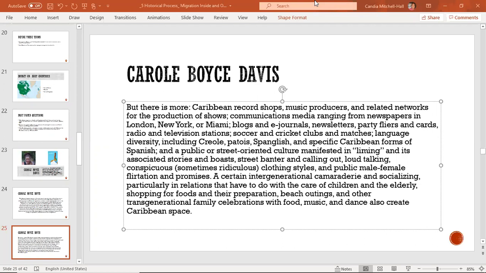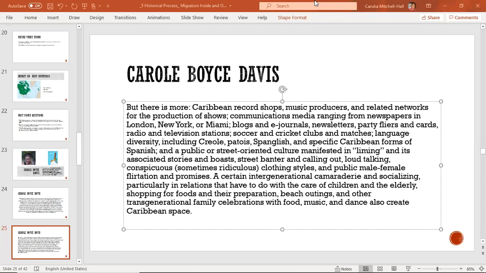Caribbean people have recreated those spaces. In fact, public male-female flirtation and promises, all of the different teeth hissing towards a female, the flirting, because Caribbean people tend to love to flirt.